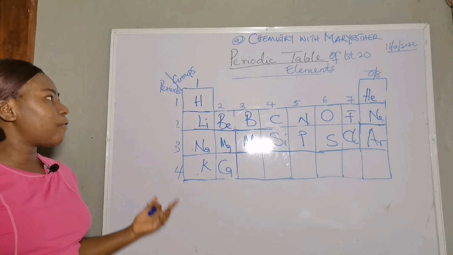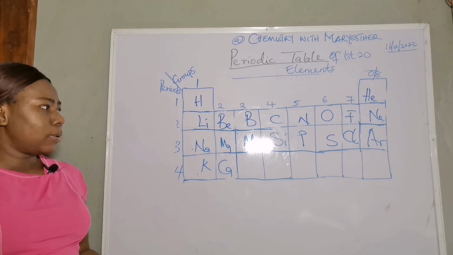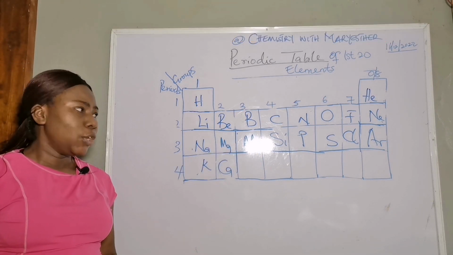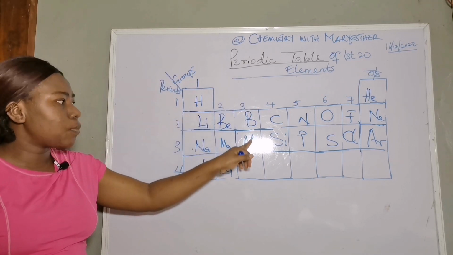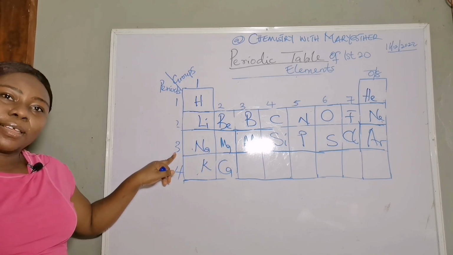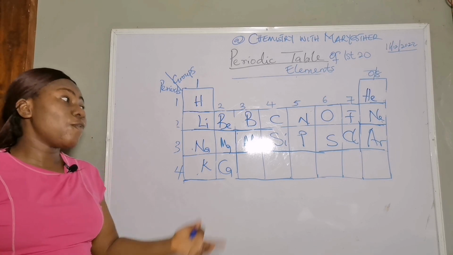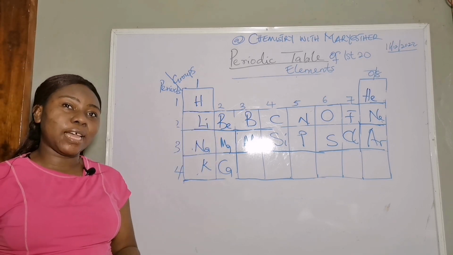So questions can come in form of, what is the period or the group that aluminium belongs to? If they ask you, aluminium belongs to group what? You check group what? 3. Period what? 3. Why? There are ways you can find them out even without drawing a periodic table. I'm going to teach you that.